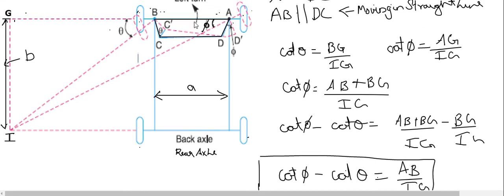When a vehicle takes a left turn, theta is the inside, phi is the outside. Again, if you are taking a right turn, theta becomes the inside and phi becomes the outside.